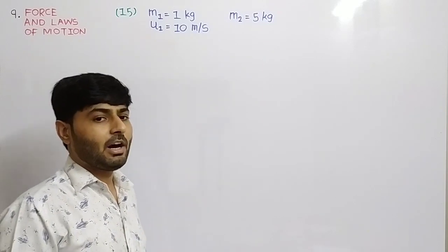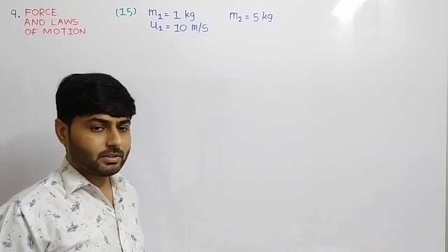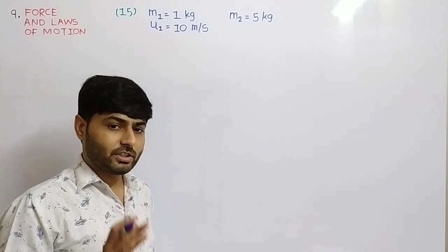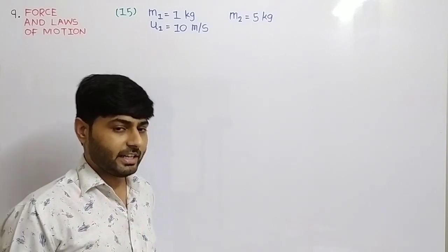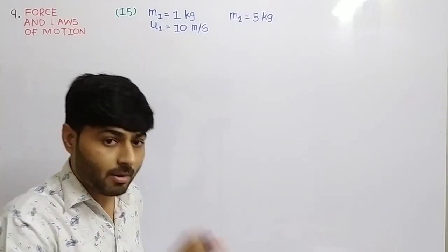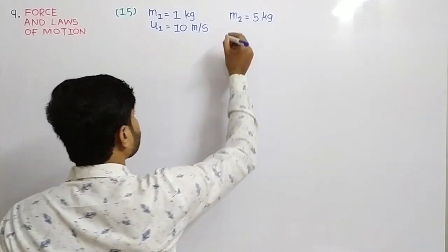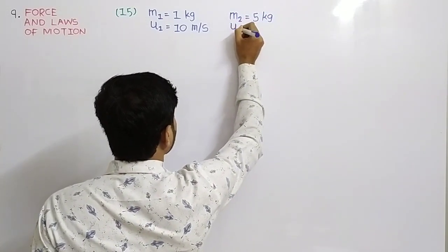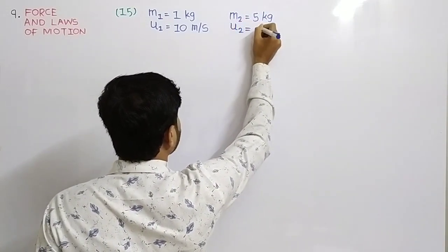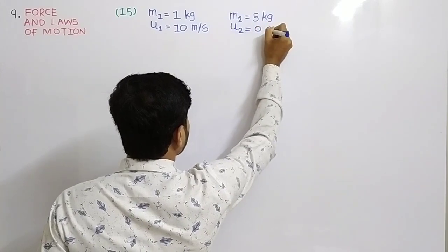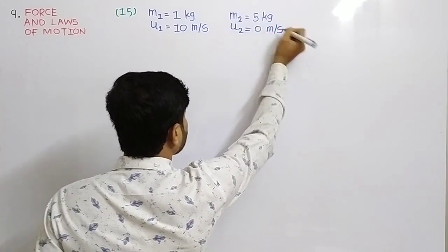By now from previous examples you know what stationary is, what rest position is. So we have u2, that is 0 meter per second.